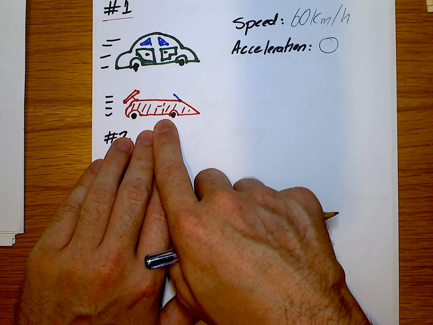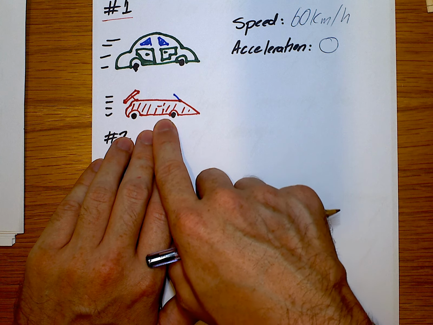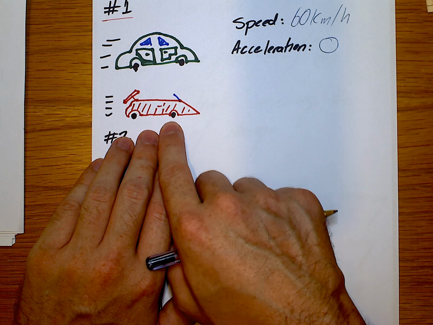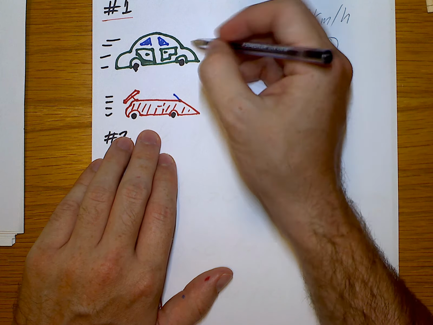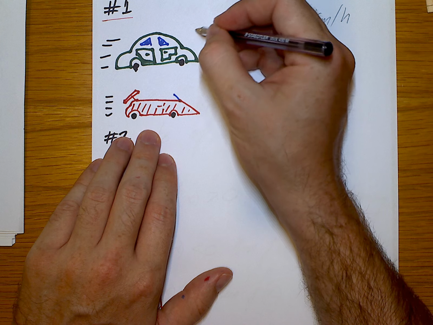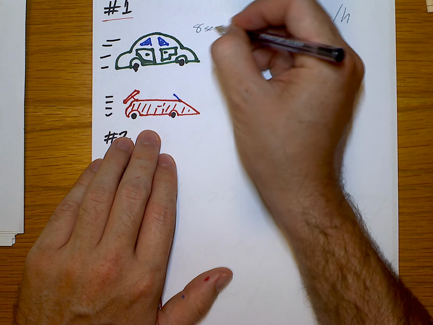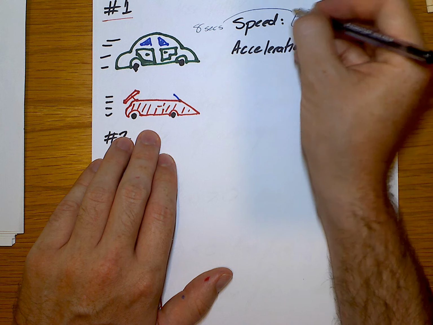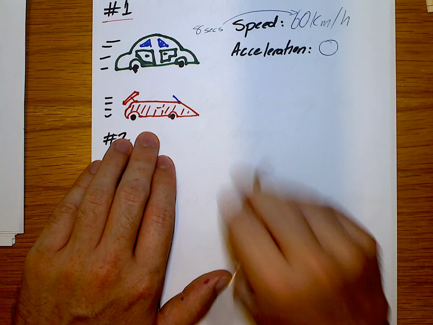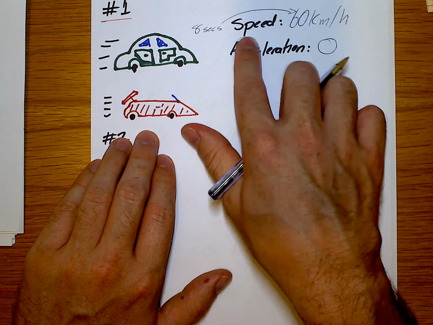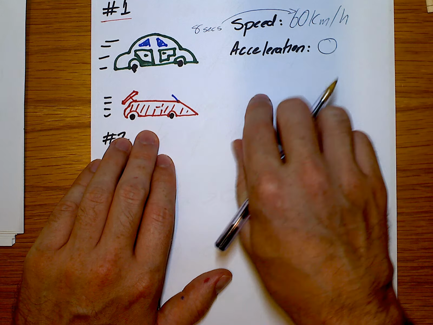If we're looking at a racing car that can also get to 60 kilometers an hour, let's say our little Volkswagen here takes, I don't know, 8 seconds to get from 0 to 60 kilometers an hour, like real slow.